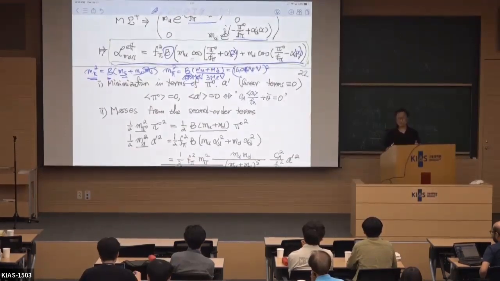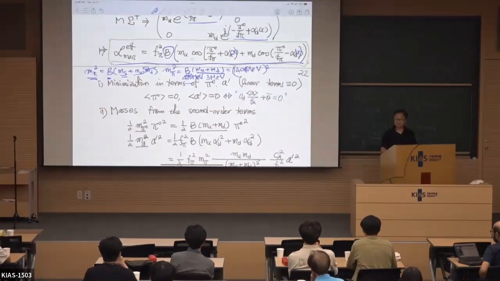Now we have the potential for the axion. So this is the potential for the axion field, and then you can get the mass of the axion, and you can find the minimum of the axion field. I already said that A prime is the physical field.